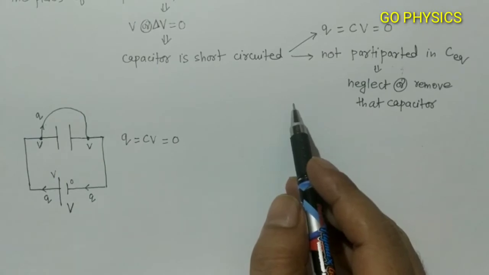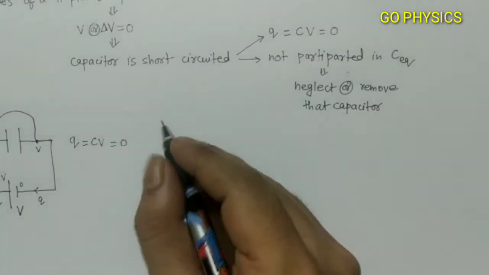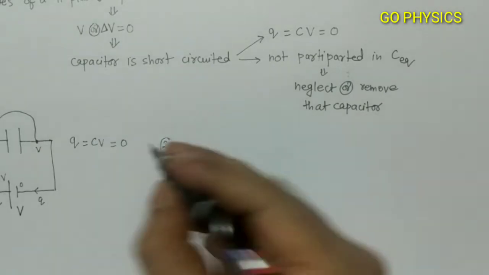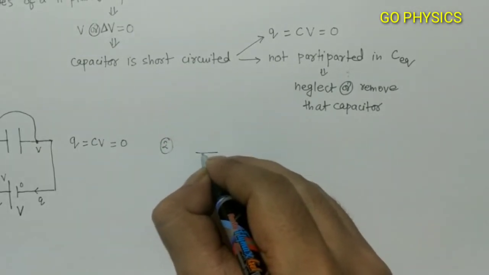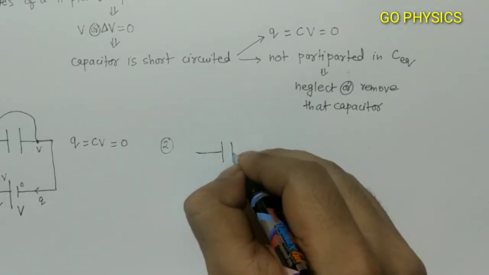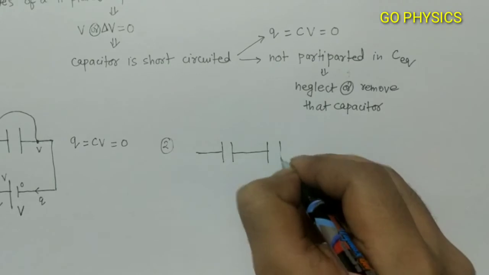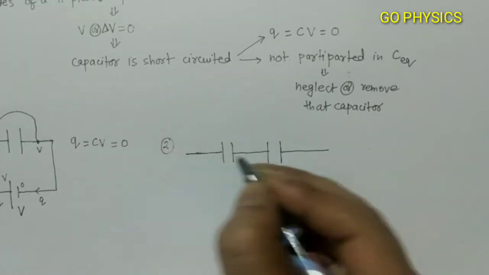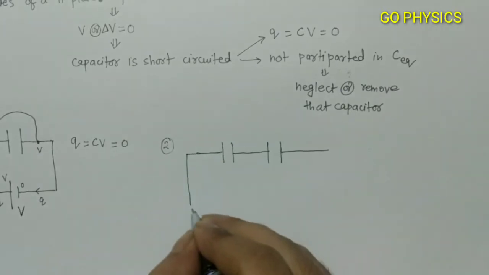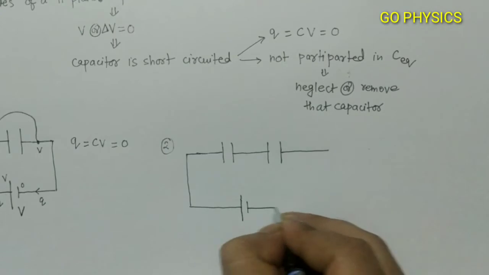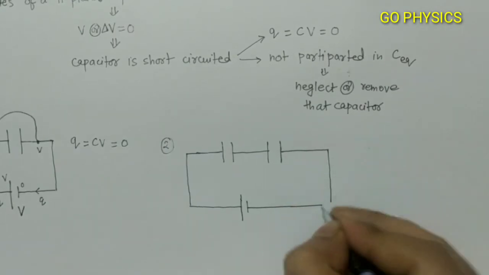Now let's see the second example. In this case we will consider two different capacitors connected in series, and now we connect a battery to this system.